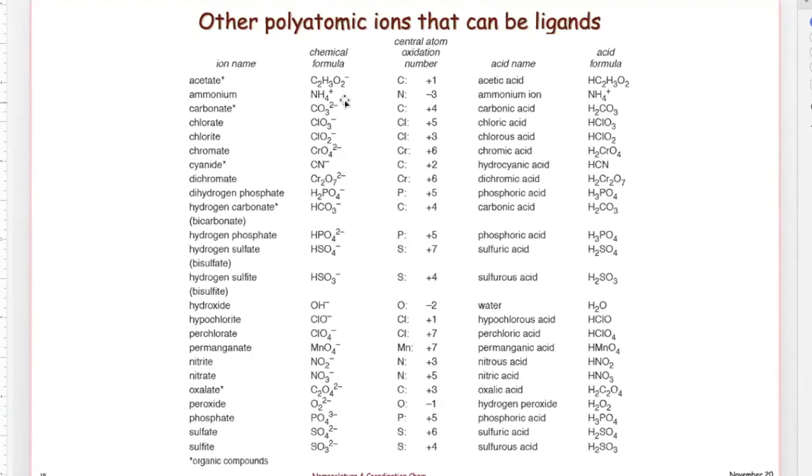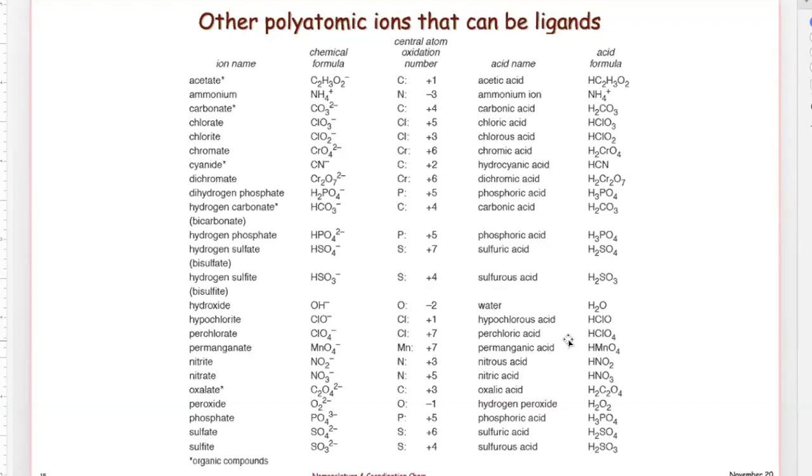The key reason these are ligands is because they have lone pair electrons to donate. All these have lone pair electrons. And you'll notice that a lot of these ligands come from these acids right here. When you remove the hydrogen from an acid, you only remove the hydrogen, which is simply the proton, and you leave its electron behind.